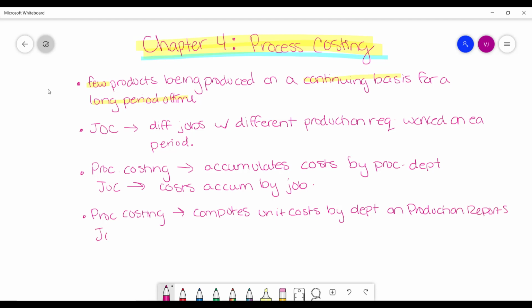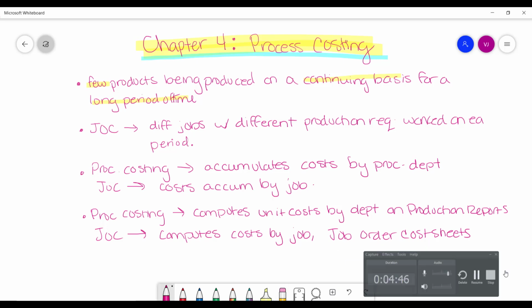Where with job order costing, this kind of system computes costs by job, and with that one, we use a job order cost sheet. So those are some of the main differences between the two kinds of costing systems.